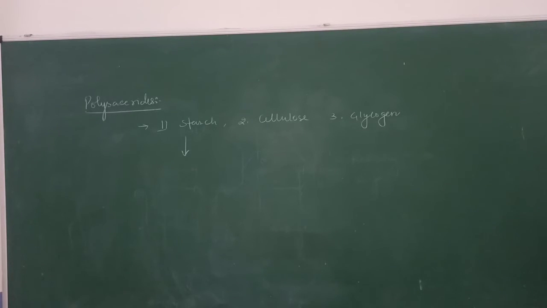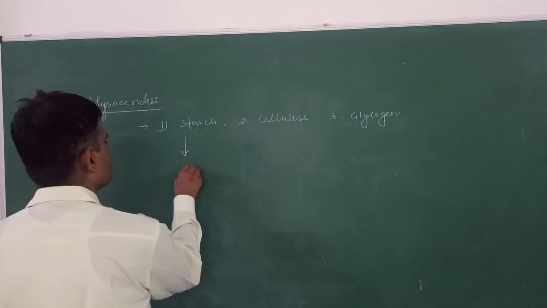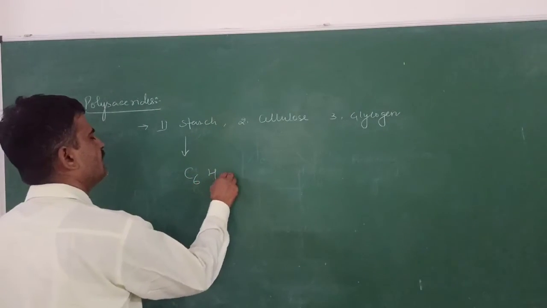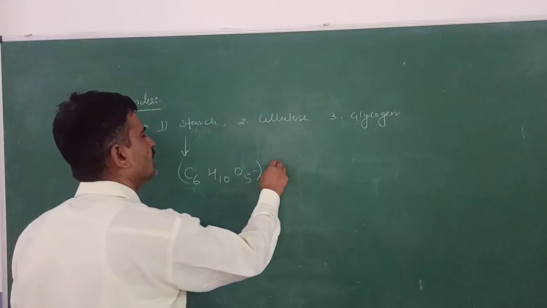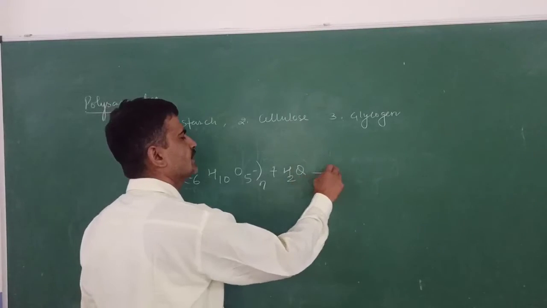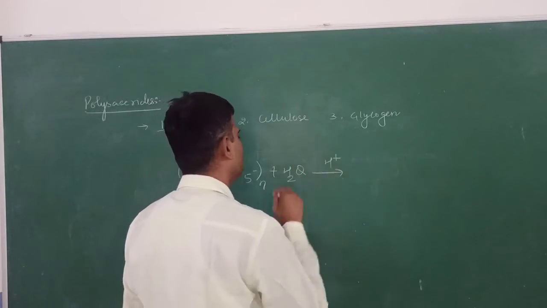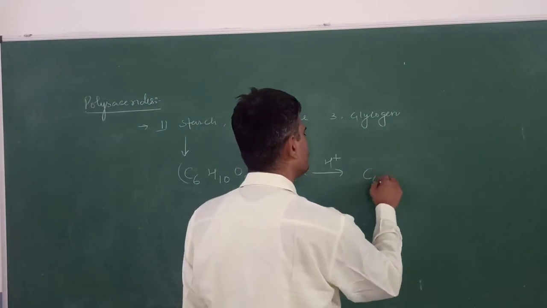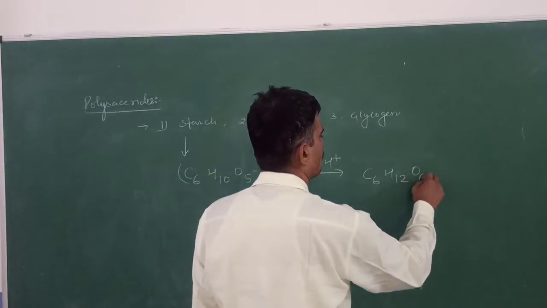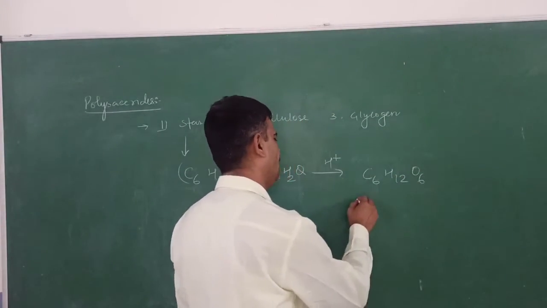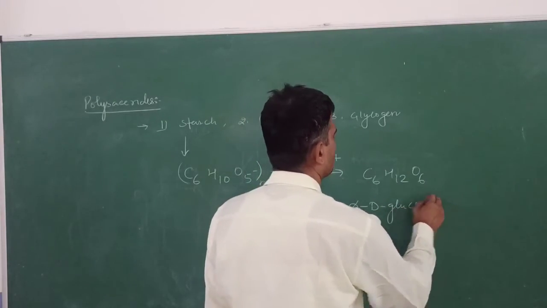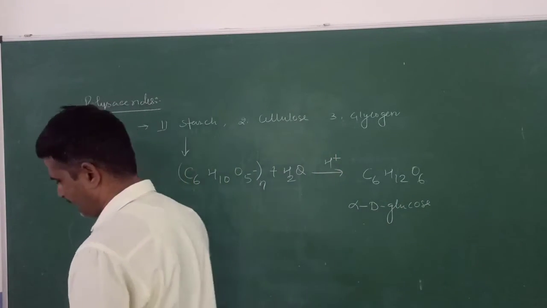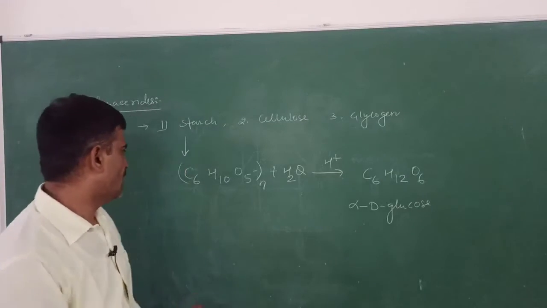Starch has the general formula C6H10O5 n units. These on hydrolysis give C6H12O6, alpha D glucose units.